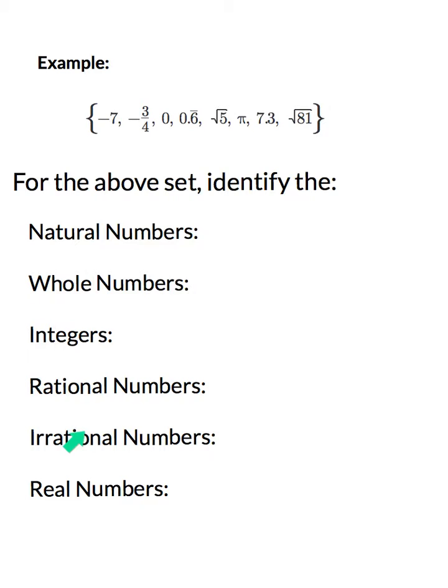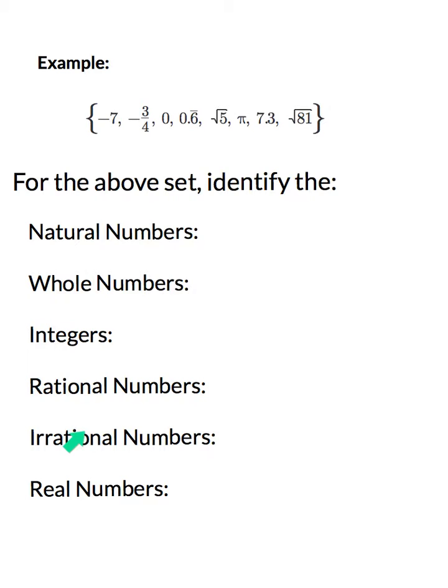Let's look at the following example and determine which numbers belong in each number category. One thing to keep in mind when we do this, not only do we want to look at the number itself, but you also want to consider, can it be written in another form that would classify it as one of the given examples.